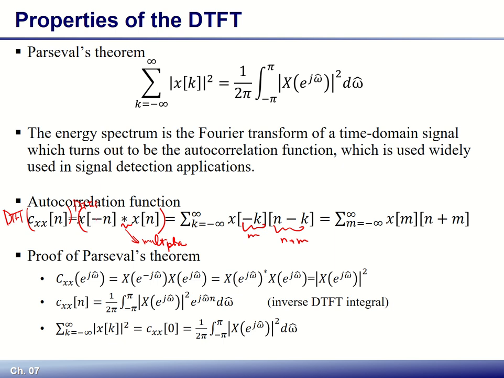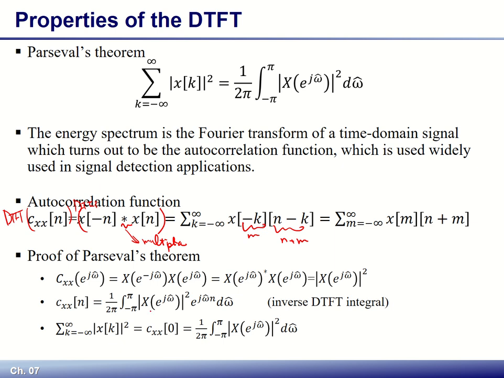Instead of n, when we put minus n, it will be minus j omega hat. That is the complex conjugate. So X(e^{j omega hat}) complex conjugate times X(e^{j omega hat}) will be the absolute value squared. With the inverse DTFT integral, we can get the time domain signal autocorrelation here.